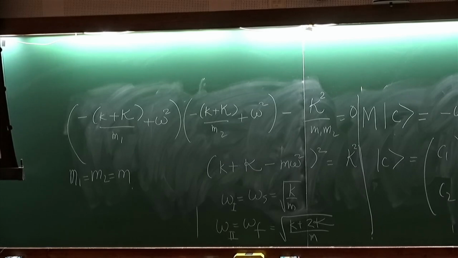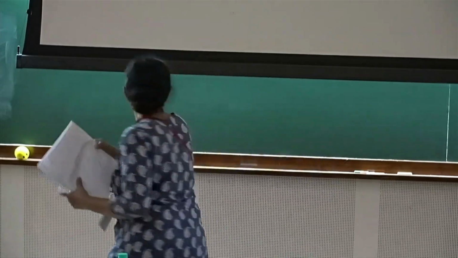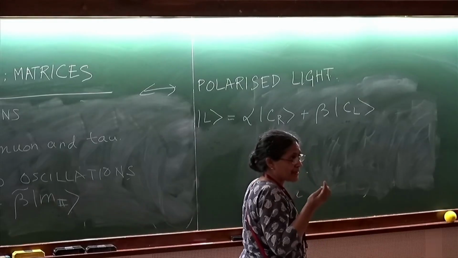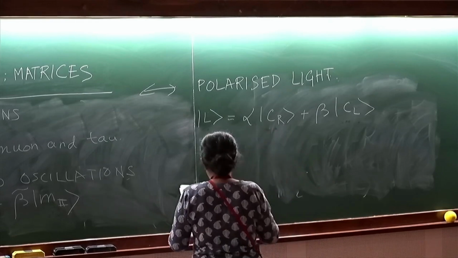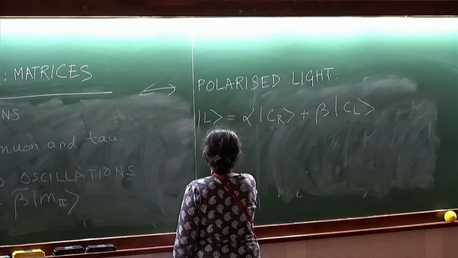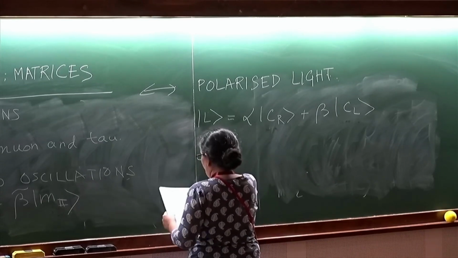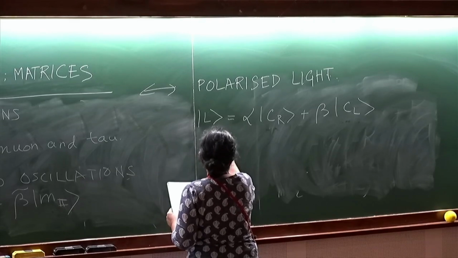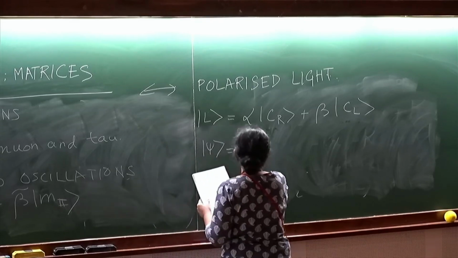So I'll go a little bit more into detail of the Poincare sphere representation so that the two-state system structure comes out better. So you were asking what about an arbitrary state, right? It turns out it's convenient to write an arbitrary polarization state in this form.